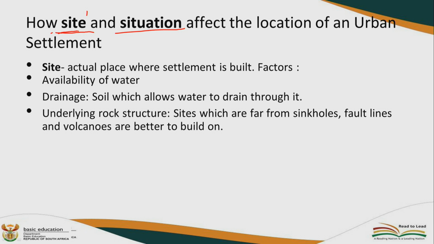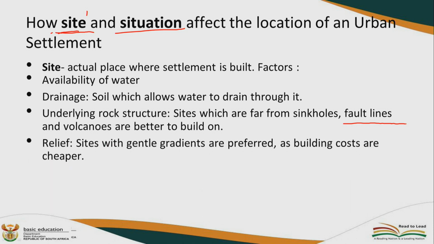So they have to check underlying rock structures. They have to check that in these areas we don't have even sinkholes, so that when we have built a settlement you don't find that it's sinking down. Or even fault lines underneath that will cause our building to crack.